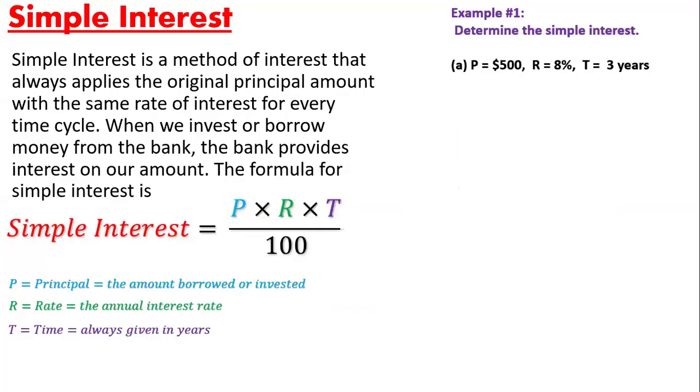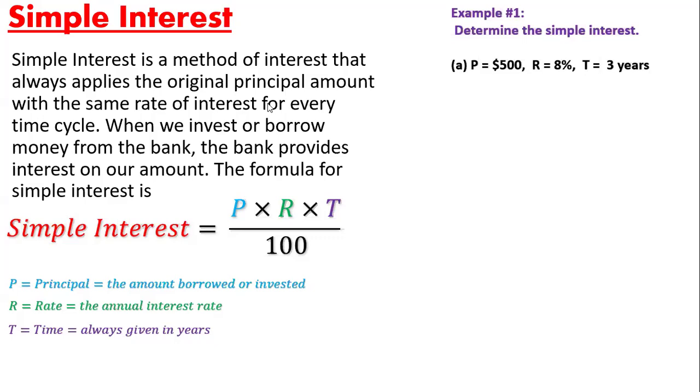Very good. China, read the question for me, please. Example number 1. Determine the simple interest. P equals $500, R equals 8%, and T equals 3 years. Very good.